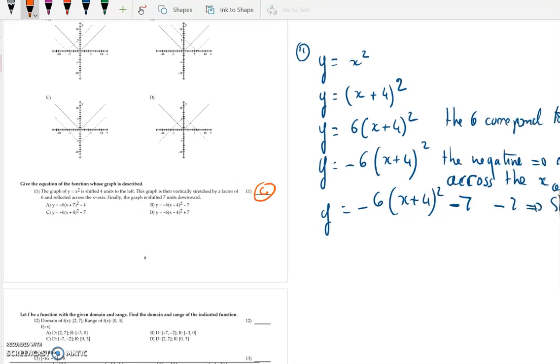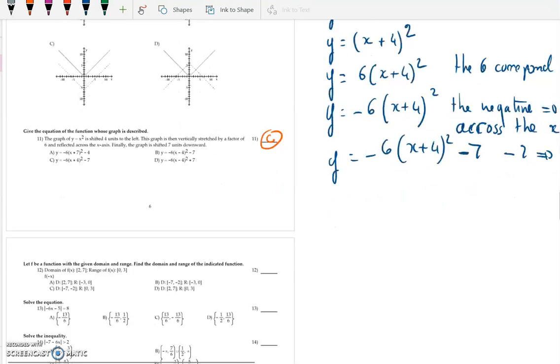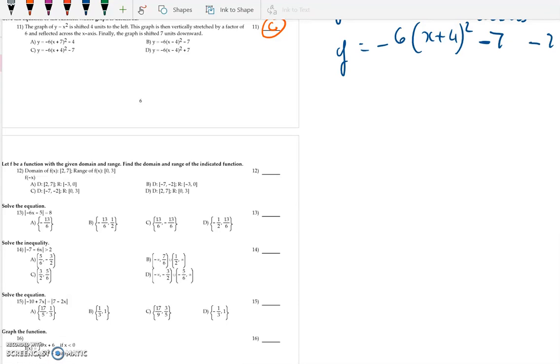Alright, let's find the domain on this problem number 12 now. So number 12, let f be a function with the given domain and range.